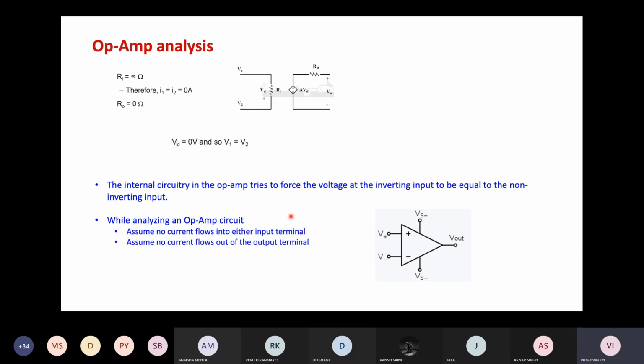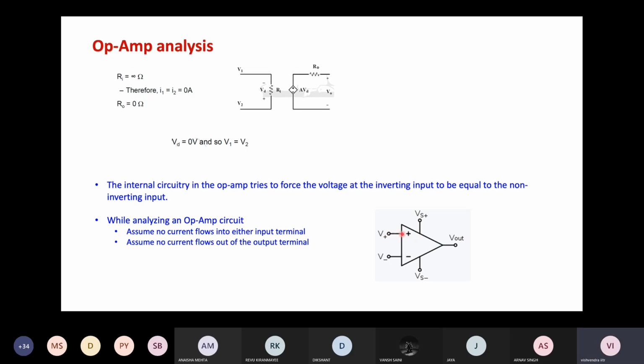So as a consequence of that, because of high input resistance, this is like a very high input resistance on this side, ideally no current flows into either input terminal. So if you see an op-amp in any circuit in electronics, no input current flows inside the op-amp, right?